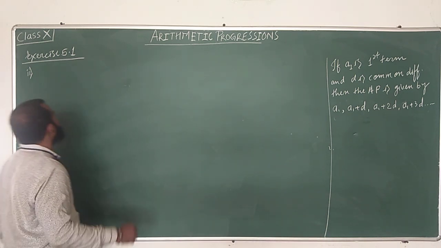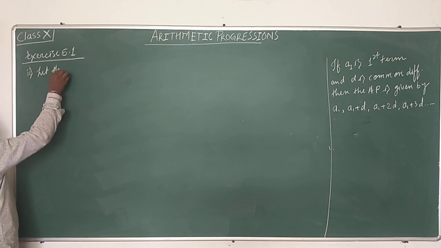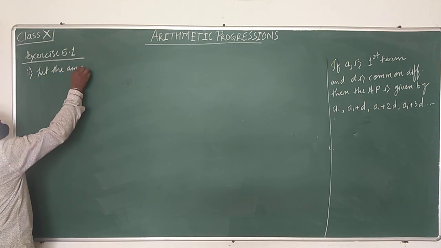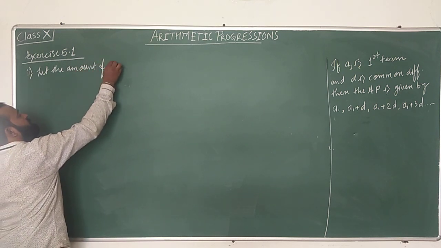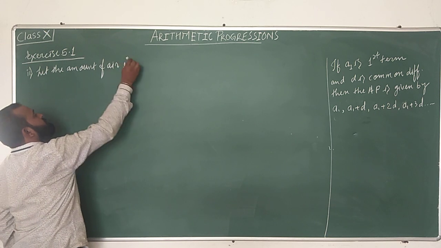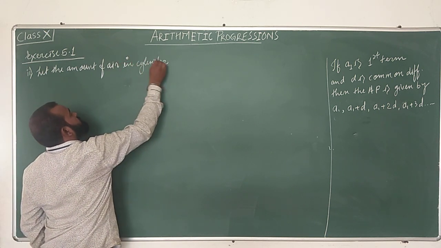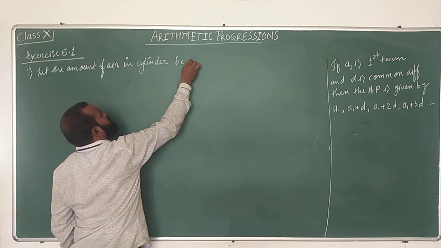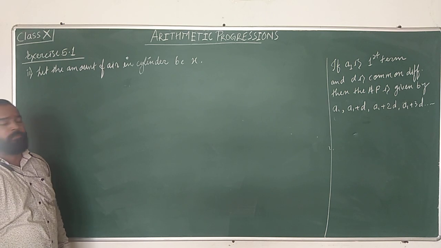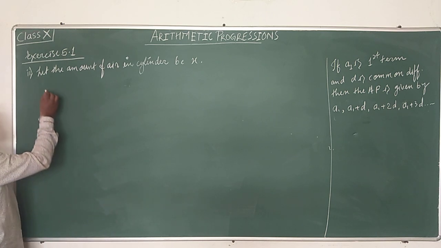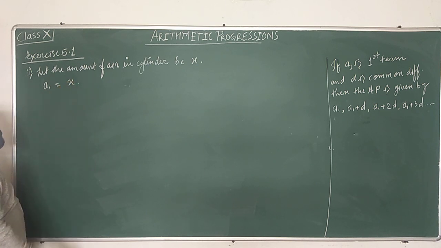So first of all, we will let the amount of air in the cylinder be x. ठीक है, तो पहले कितनी सिलेंडर में एयर है x, तो A1 कितना होगा यहाँ पे, A1 is equal to x.